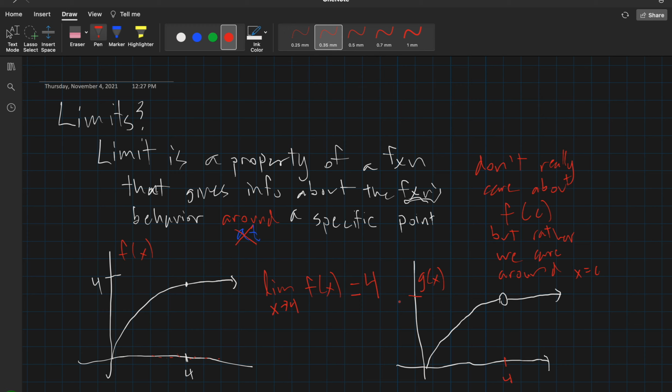This is still 4. But now in g of x, note that 4 actually isn't in its domain. Meaning, if you were to plug 4 into our function g of x, you're actually not going to get a value back because there's this hole here. In other words, the domain of f of x is all x values greater than or equal to 0, whereas the domain of g of x is all x values greater than or equal to 0 except for 4.